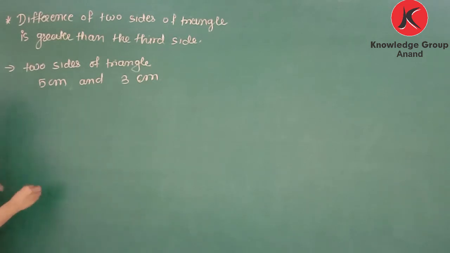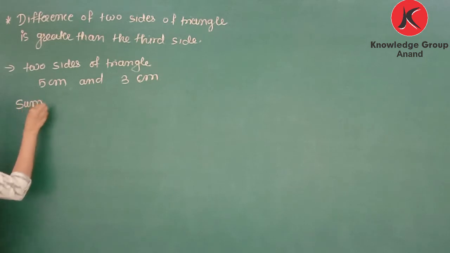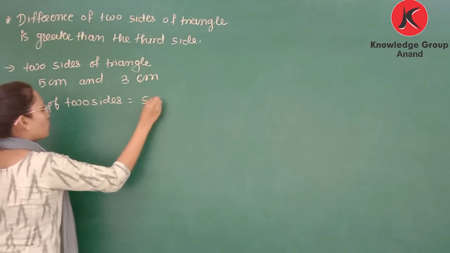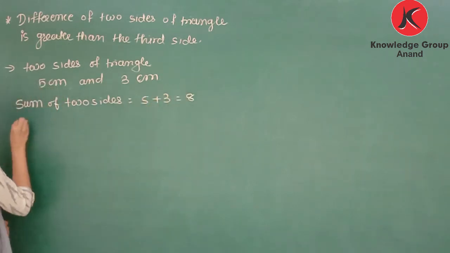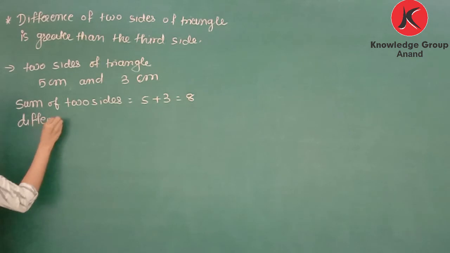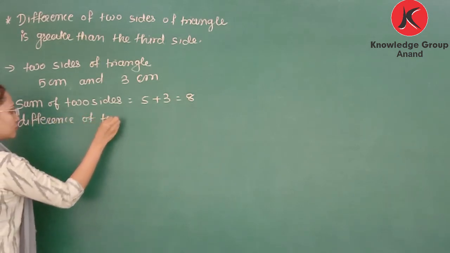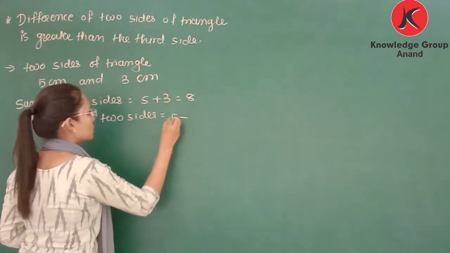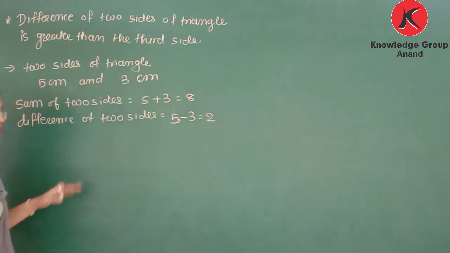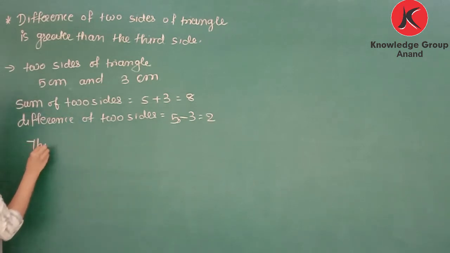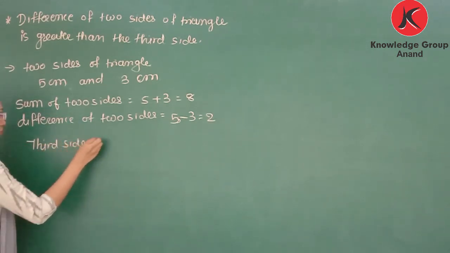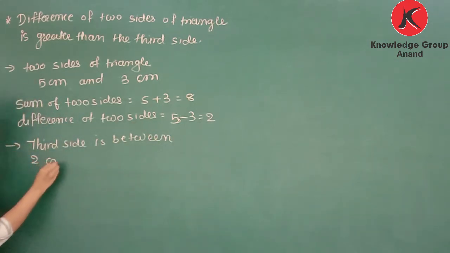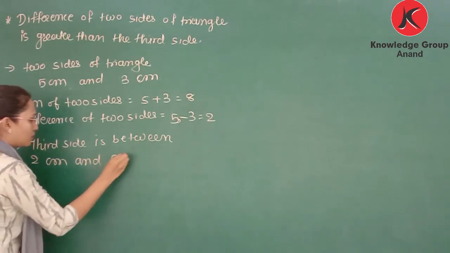So for this we can find the sum of two sides, that is 5 plus 3, 8, and the difference of two sides, that is 5 minus 3, that is 2. So the third side falls between 2 centimeter and 8 centimeter.